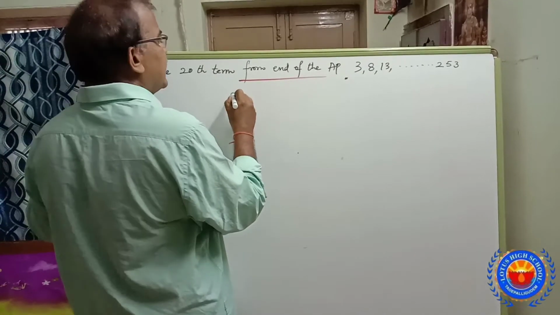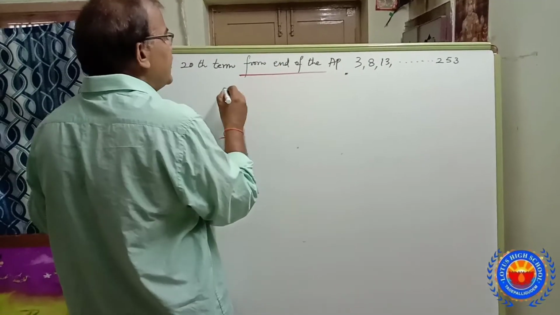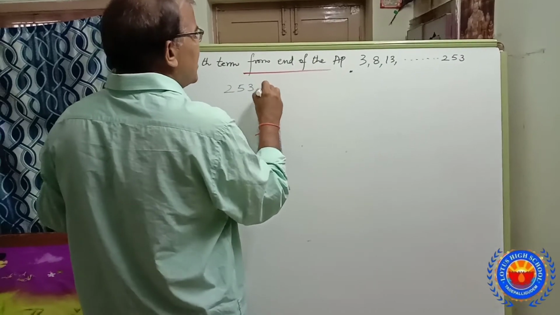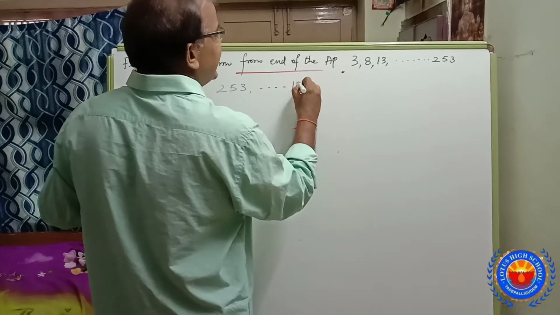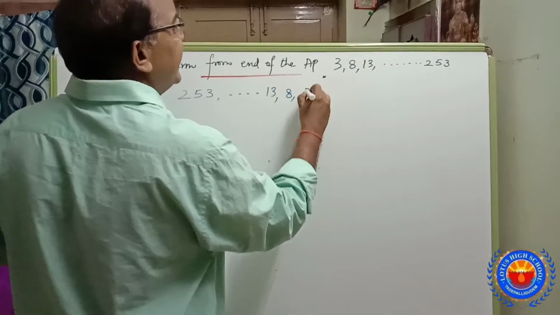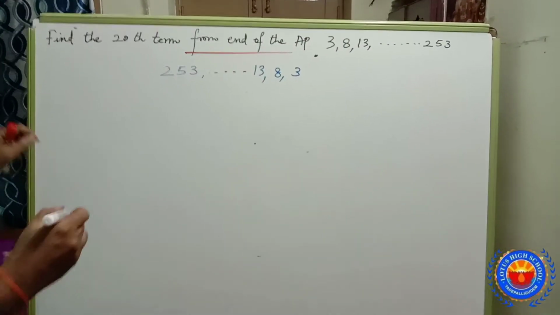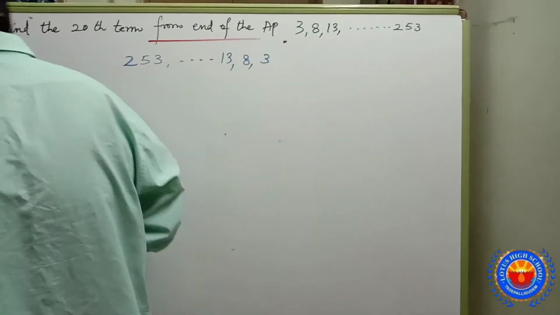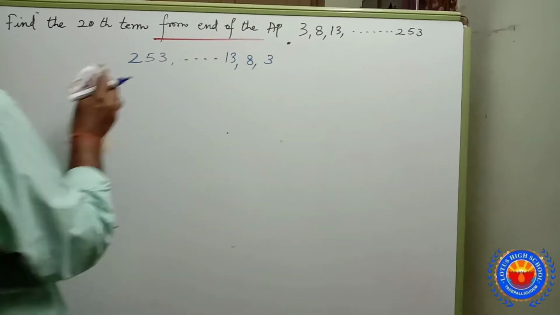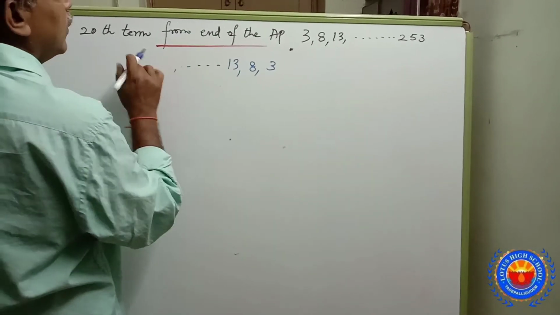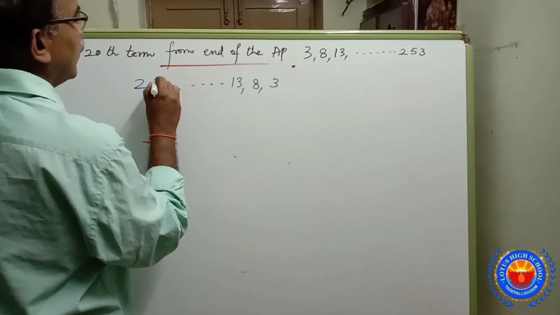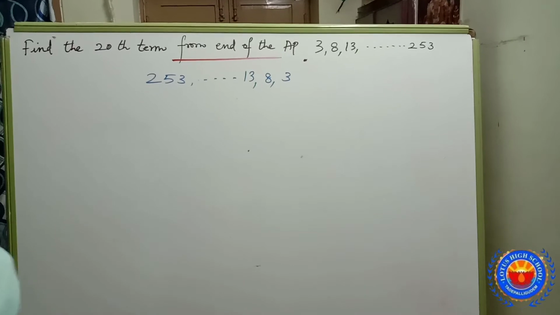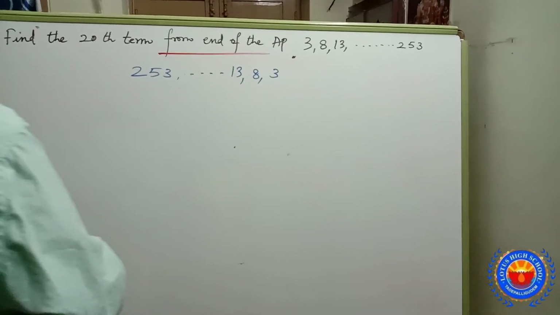Here, just reverse it, because from the end is there. 253, and so on, 13, 8, 3.